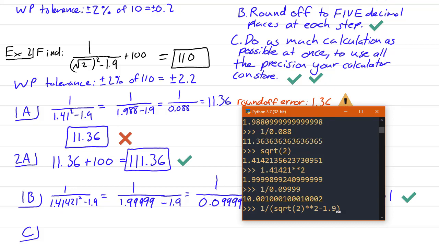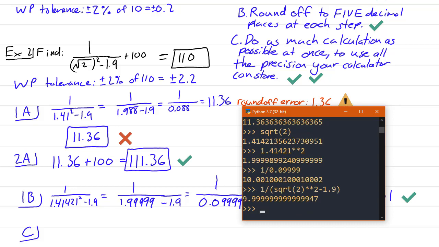Just write it all out at once, and then your calculator is going to do every step of this calculation, keeping however many digits it's storing along the way, and you're going to get an answer that's very, very close to the right answer. So that's really the best way, in my opinion.